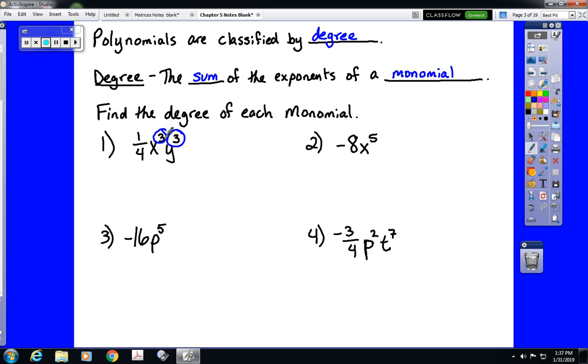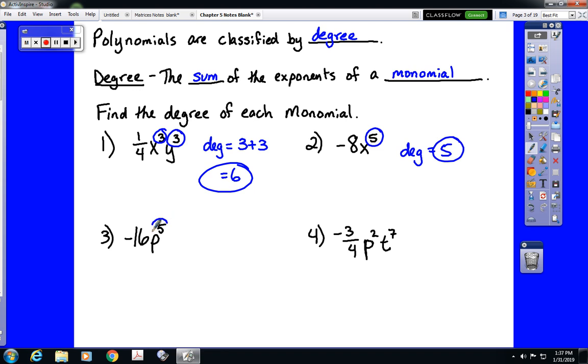So on number 1, we have an x cubed and a y cubed. So the degree would be 3 plus 3, or degree 6. If there's only one exponent, such as number 2, that makes it even easier because that exponent is the degree. So that is degree 5.